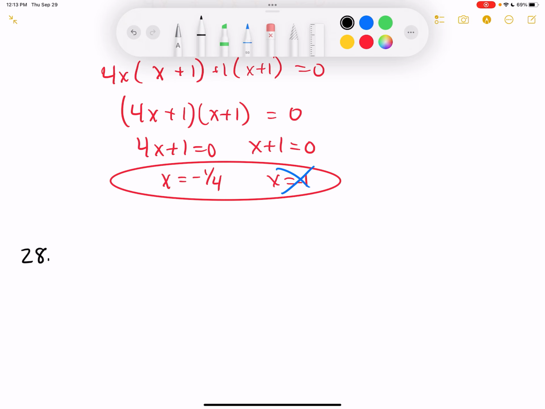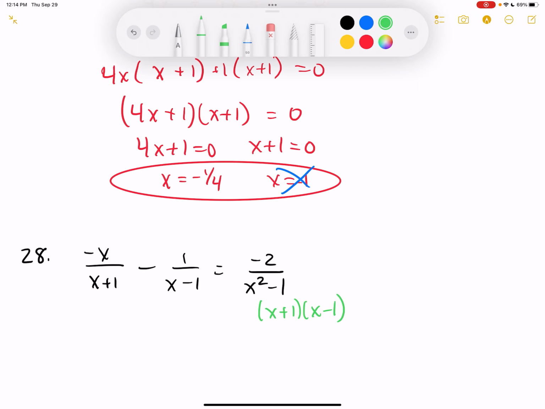All right, 28. Negative x over x plus 1 minus 1 over x minus 1 equals negative 2 over x squared minus 1. What does this factor into? X minus 1. X plus 1, x minus 1. Is that what you're trying to say?